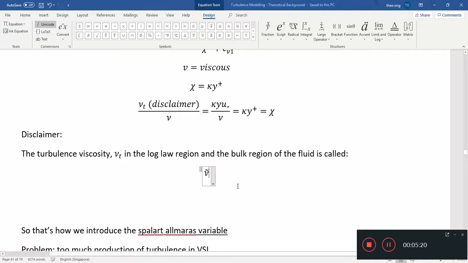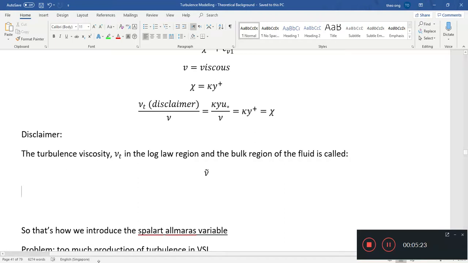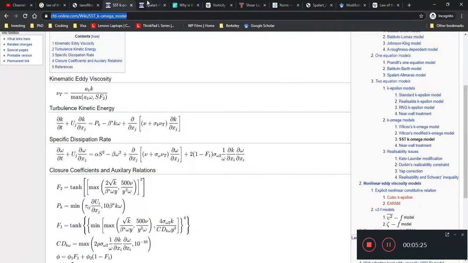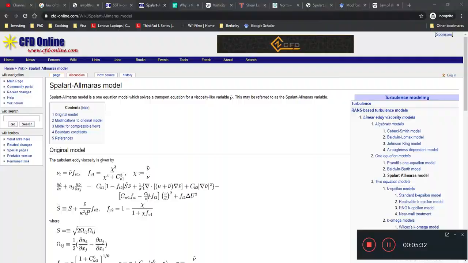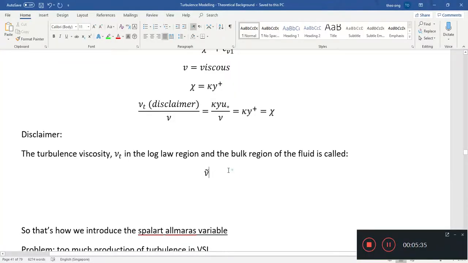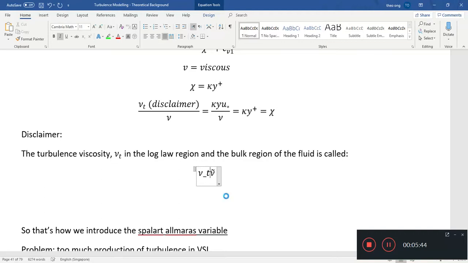That's why inside the Spalart Allmaras equation, we see that there's a viscosity-like variable nu tilde. In fact, nu tilde is the turbulence viscosity inside the bulk region and log law region.